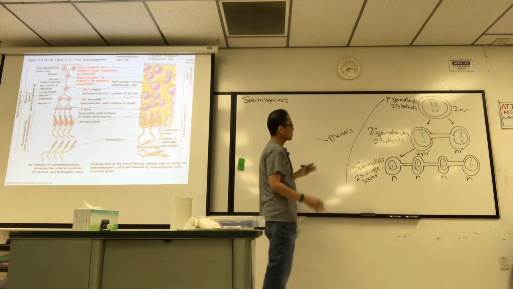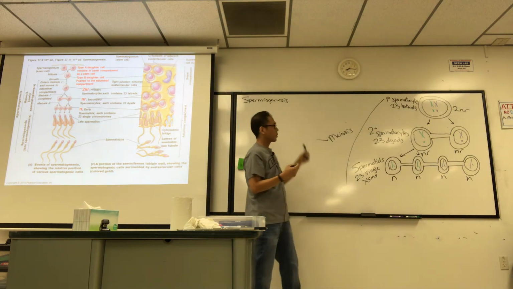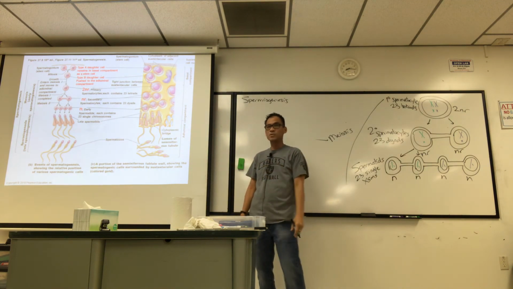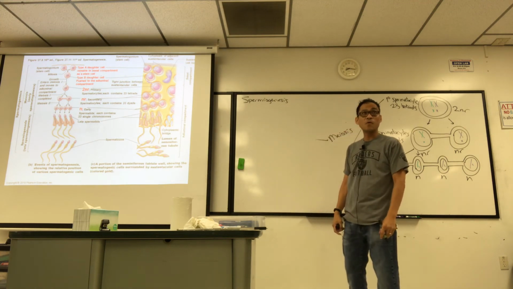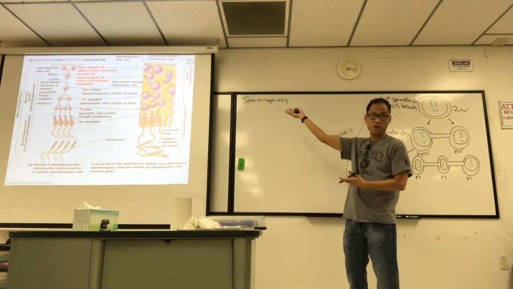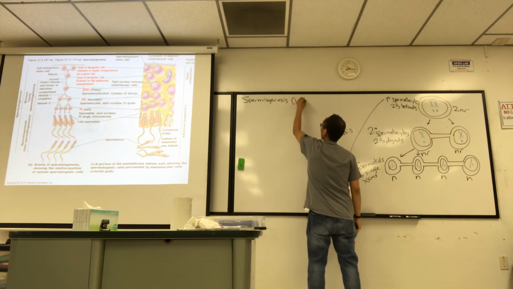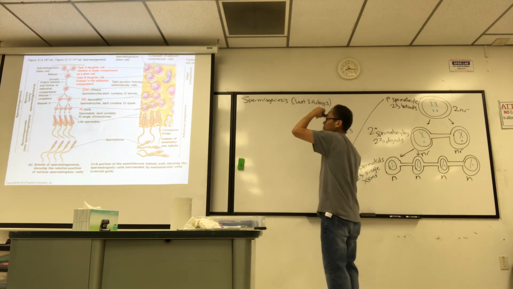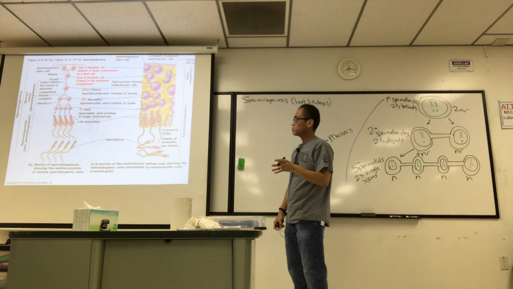This whole process, mitosis, meiosis, spermatogenesis, takes 70 days. 70 days to make little sperm. Spermiogenesis is the last 24 days of that 70 days of this process. You're done dividing the genetic material.